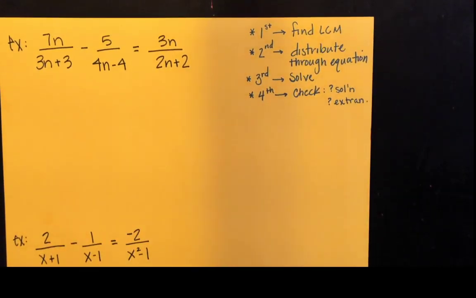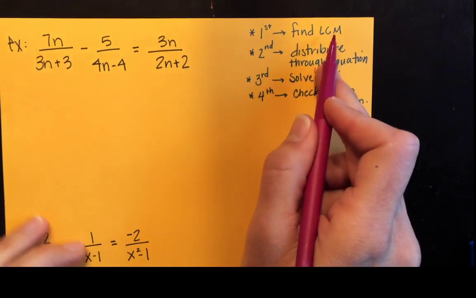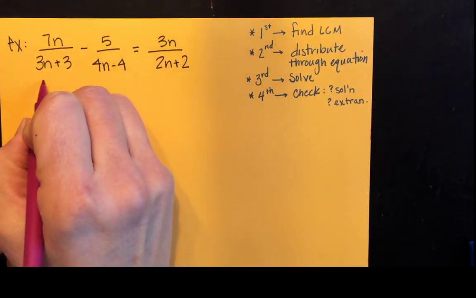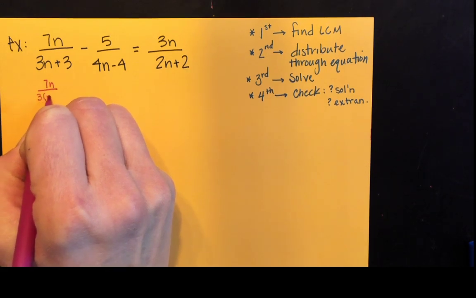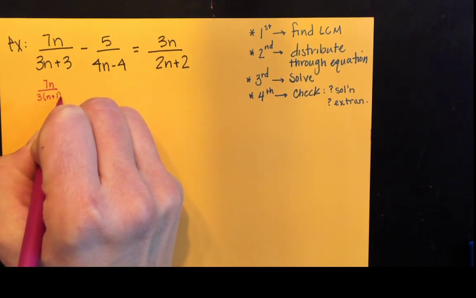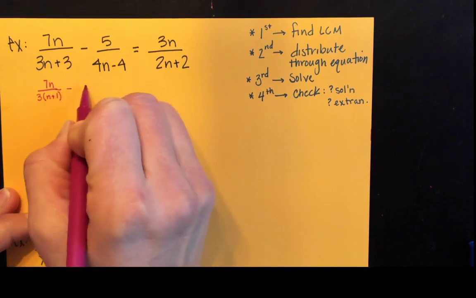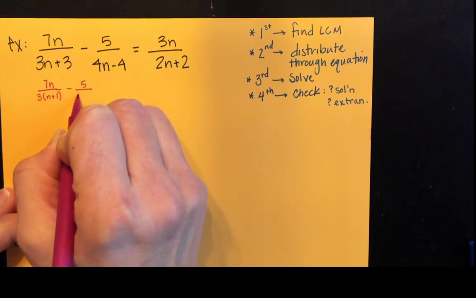So what I want to do with this is, when you're going to find the LCM, a lot of times it's smart to factor your denominator so that you can see, do you have one of everything in every denominator?